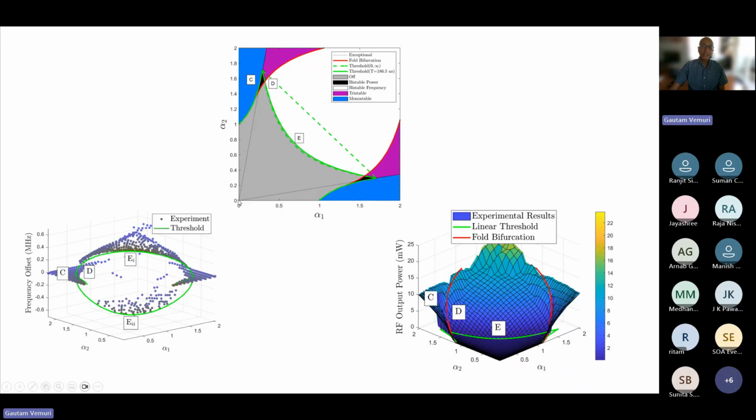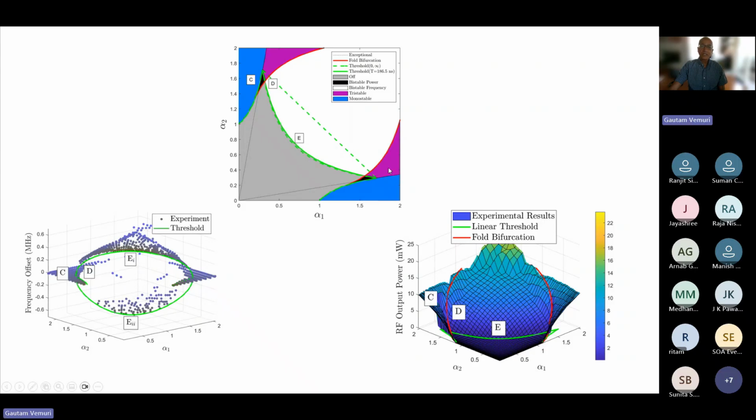Another way to think about this is if I go across this 45-degree line here, that's the alpha 1 equals alpha 2 line. So as I go along this line, once I cross from the gray to the white, I go into this bistable frequency region. So along this line, the frequencies are bistable. I get either frequencies down here or I get frequencies up here, but nothing in between.